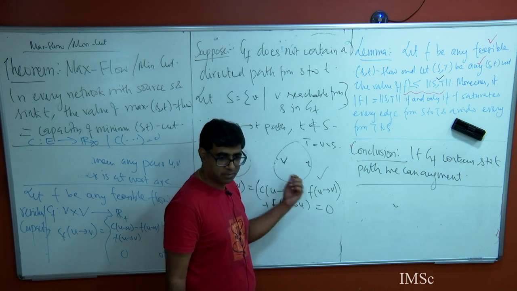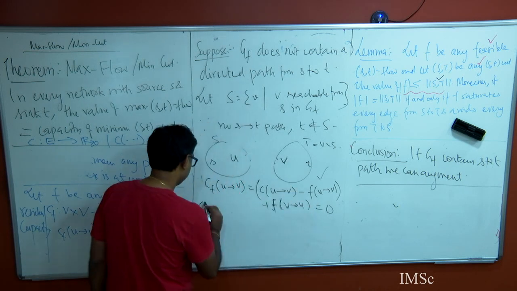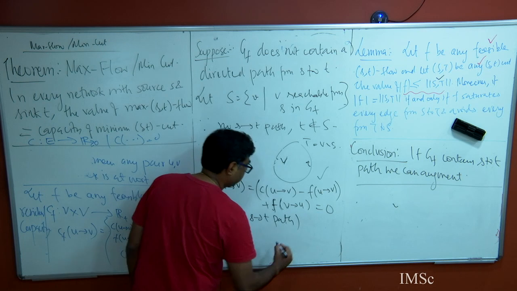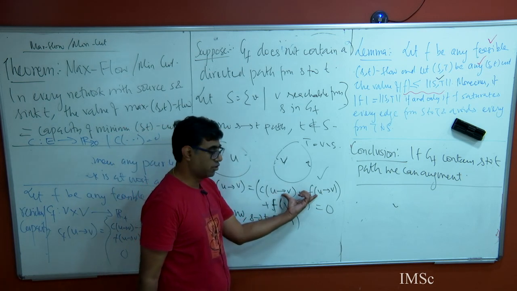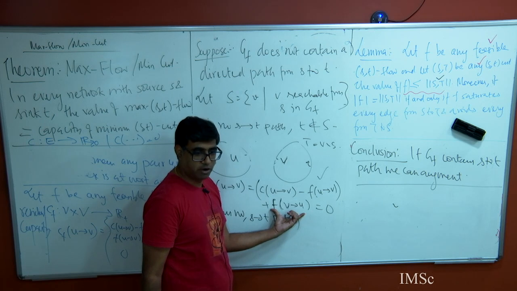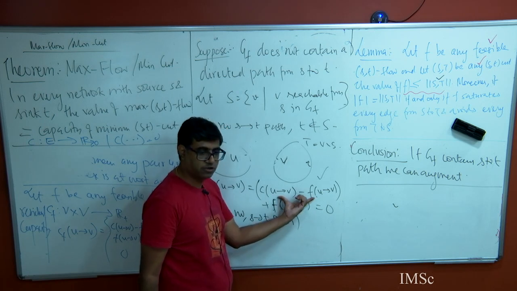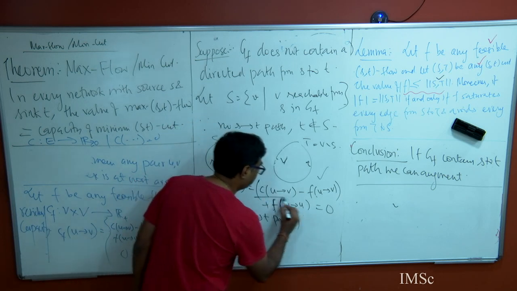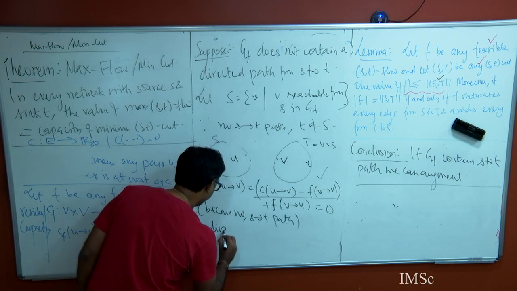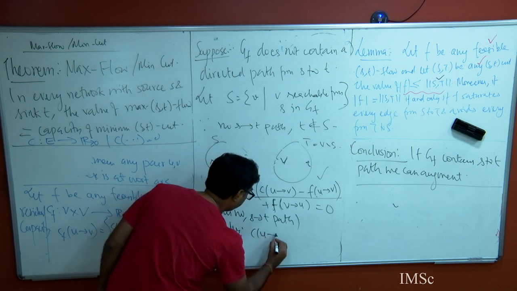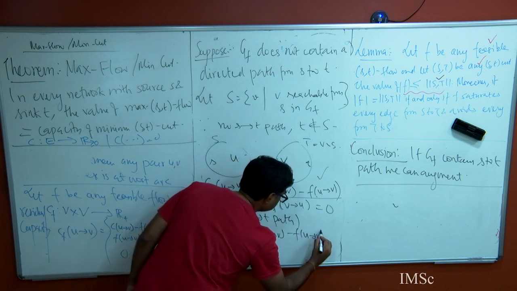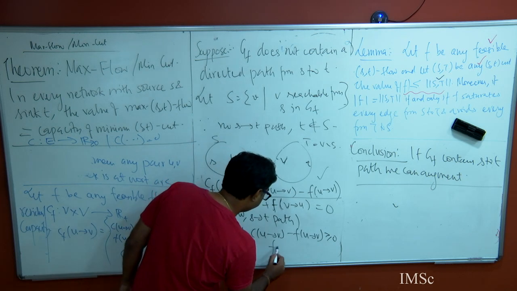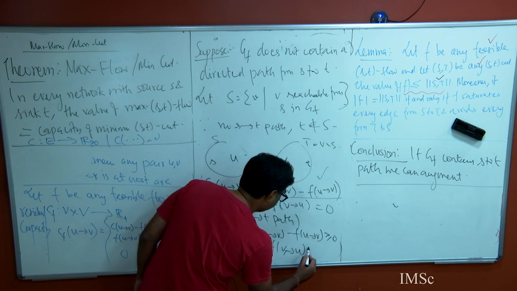There is no S-T path. What is the meaning of this? This is a positive quantity, a non-negative quantity. It means individually this should be equal to 0 and individually this should be equal to 0. We know this is greater than or equal to 0, and we also know f(V to U) is greater than or equal to 0.